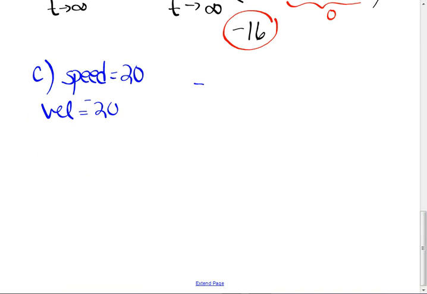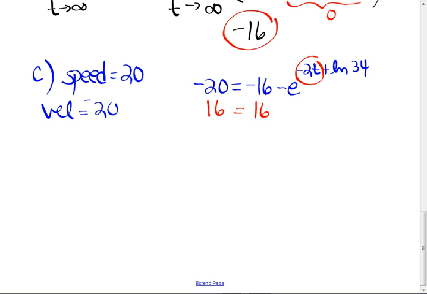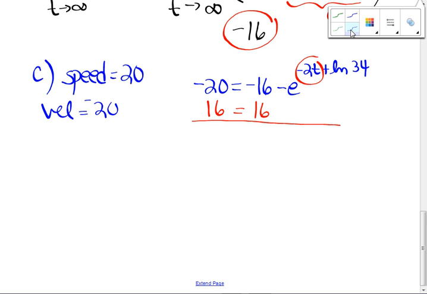So negative 20 equals negative 16 minus e to the negative 2t plus the log of 34. What do we do to both sides? I've got to solve for t. What should you do to both sides? Add 16. You have to isolate the term with the t in it. What is negative 20 plus 16?